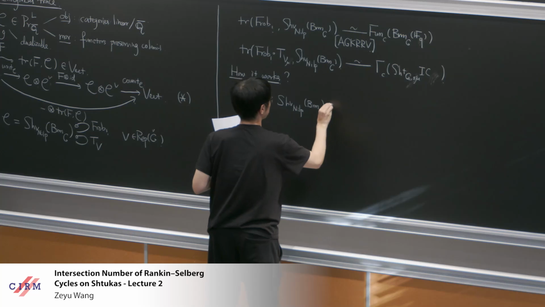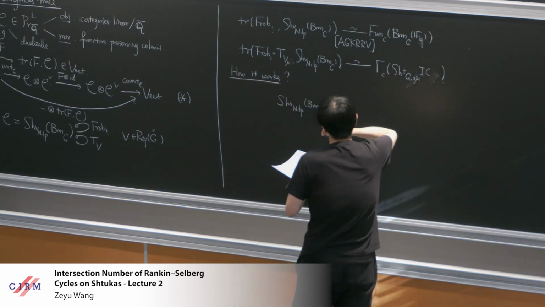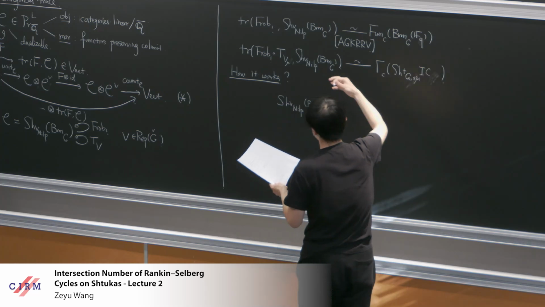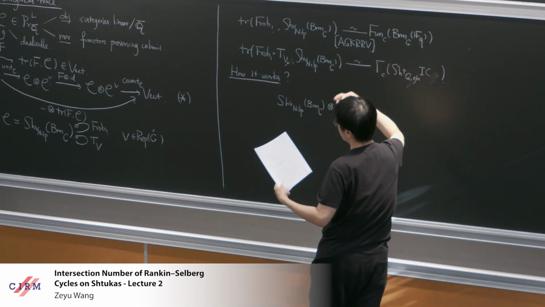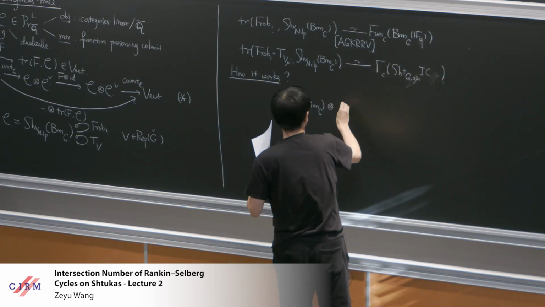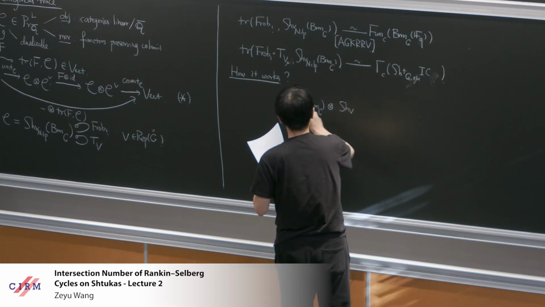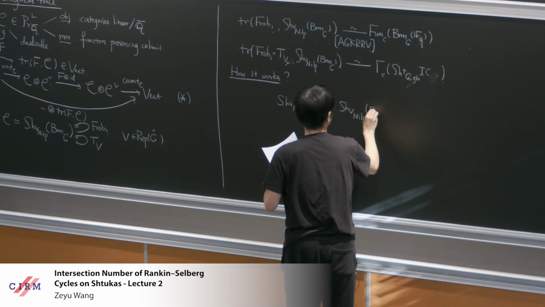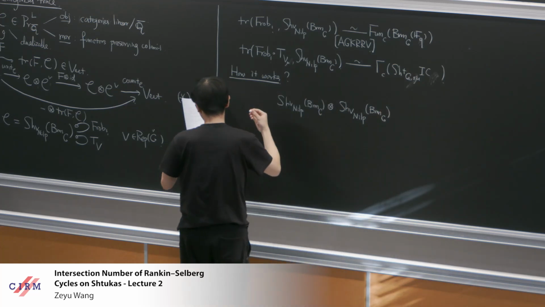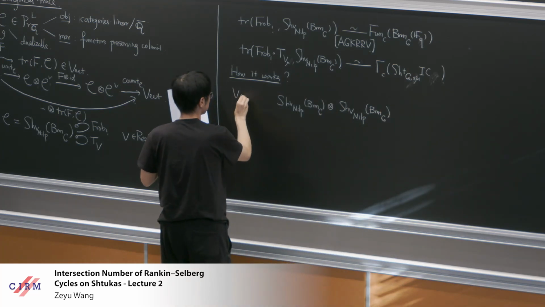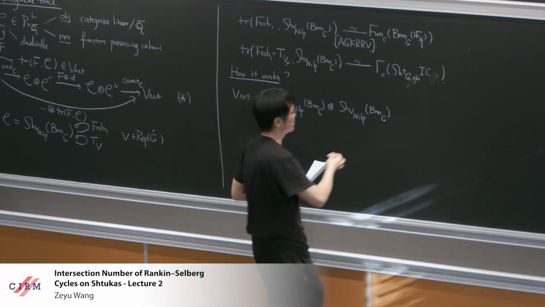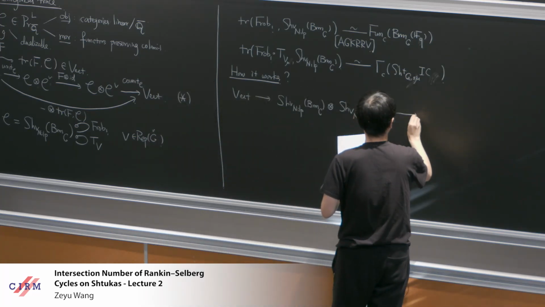The first thing you need to figure out is that many categories you will encounter in geometry are self-dual. For example, in this specific case, the dual of Shv(Bun_G) is itself. So what you really want to construct is the map from Vect to this and the map from this to Vect.